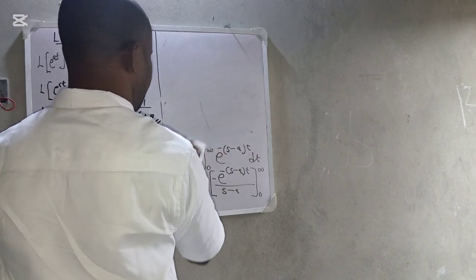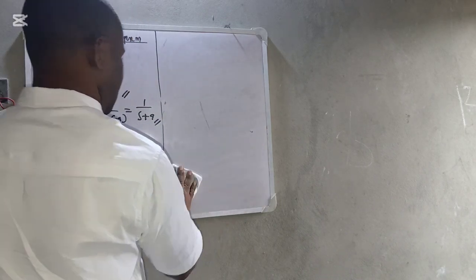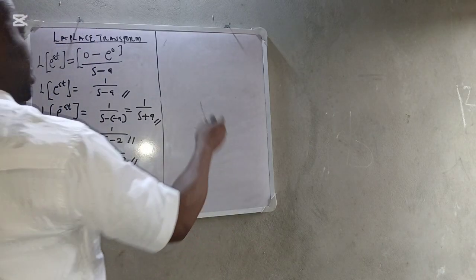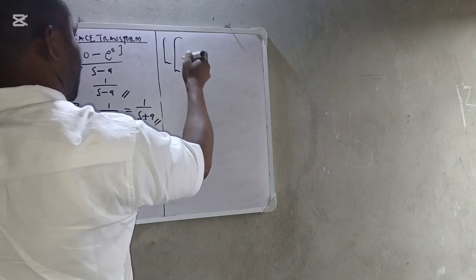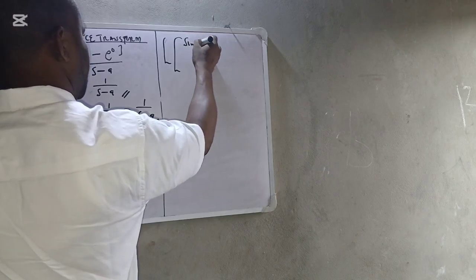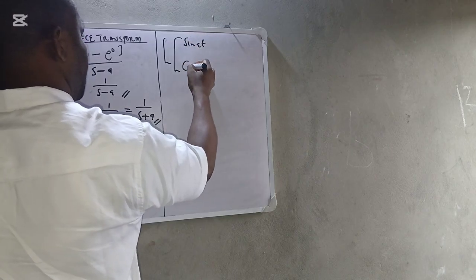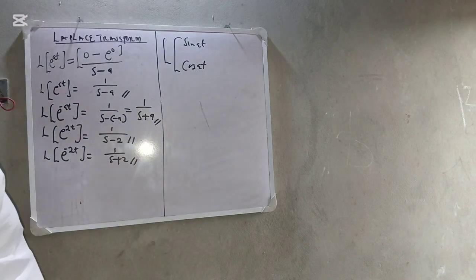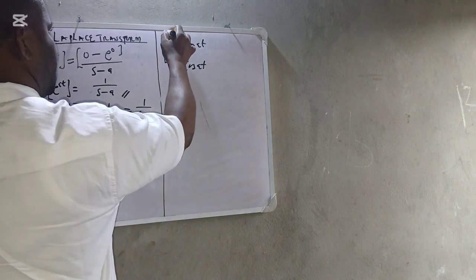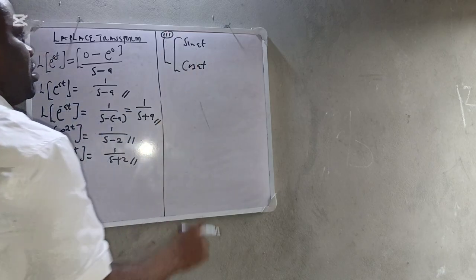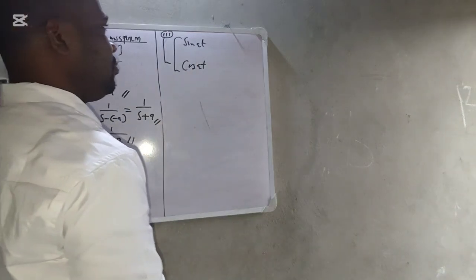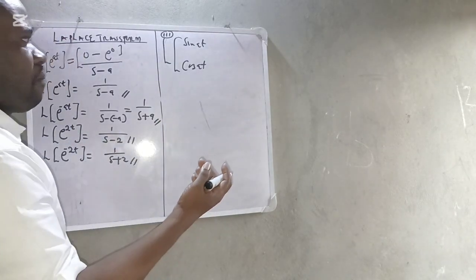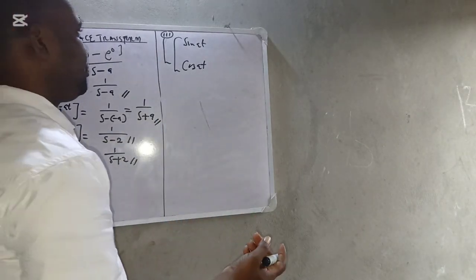The next on the list is trigonometric functions. That is the next we are going to do. We can have sine at and also cos at. We can actually carry out the Laplace transform of trigonometric functions, that is sine at or cos at.